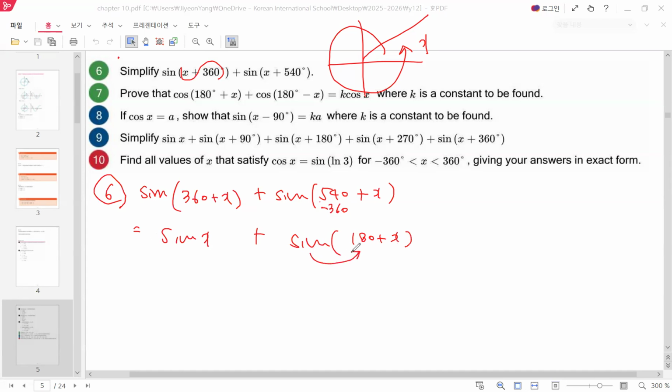Write down cosine x. 180 plus x is located in the third quadrant. So sine in the third quadrant is going to be positive or negative? Negative. Do you understand? So sine x minus sine x. So the value is 0. This one.